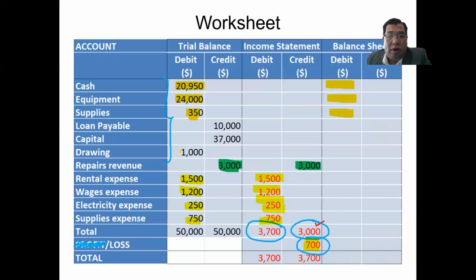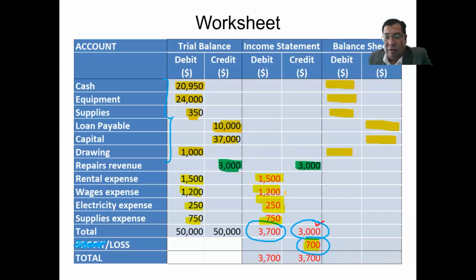For drawing, also debit, so you're going to put your drawing here. And then loan payable, this is your liability. Capital is also on the credit side. So these items will go on the credit side of your balance sheet. It's very easy. Just follow the rule. If it is from credit, you'll go to the credit side of your balance sheet.